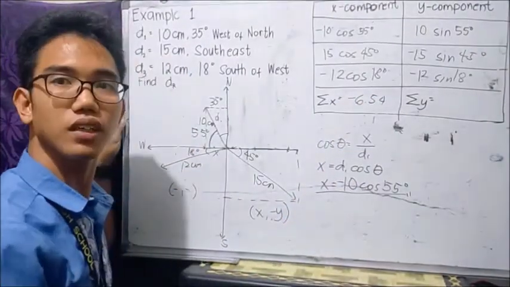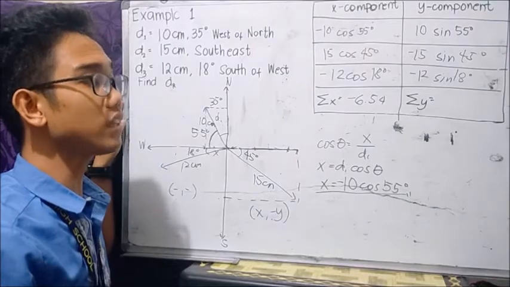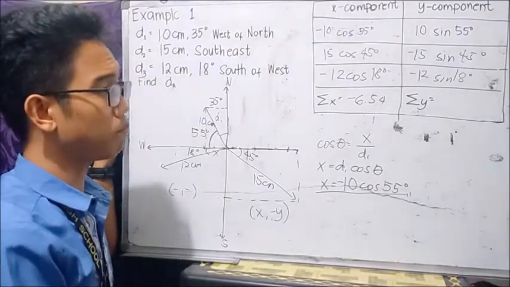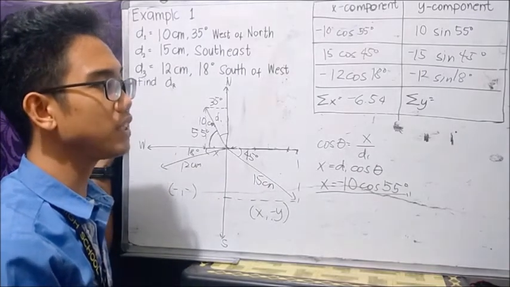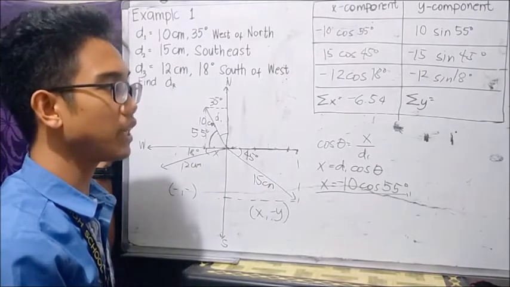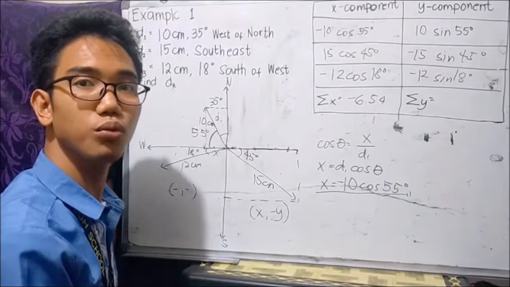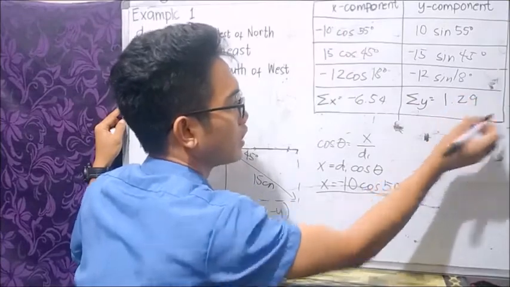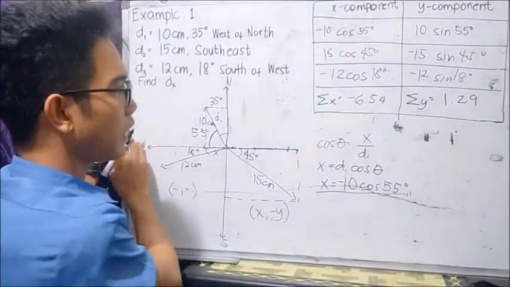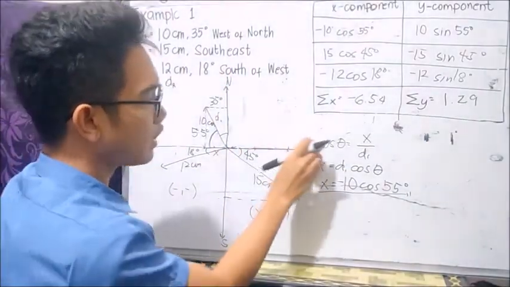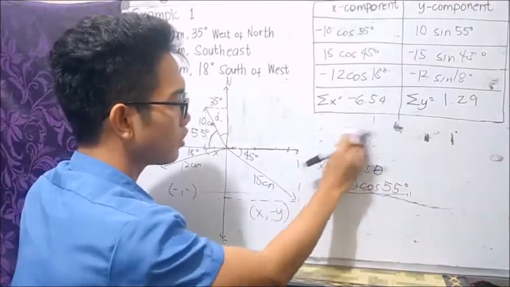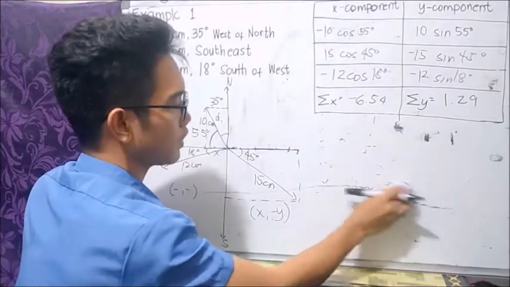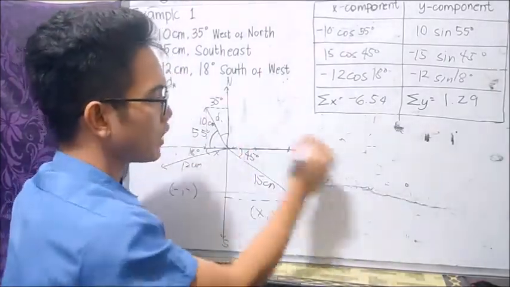The summation of the y components, 10 sine 55 degrees plus negative 15 sine 45 degrees plus negative 12 sine 18 degrees, is equal to 1.29. That is not yet the resultant vector, but just its x and y components. Now we unify those two using the Pythagorean theorem.